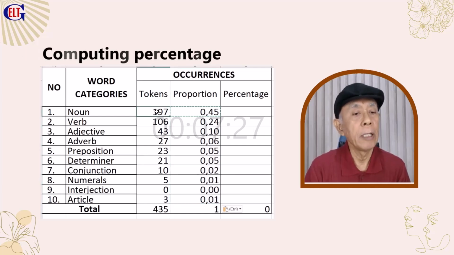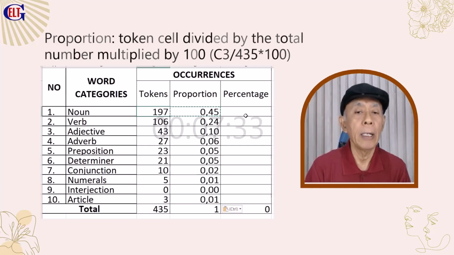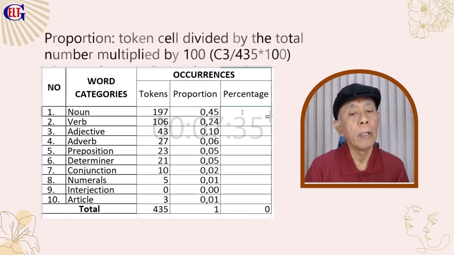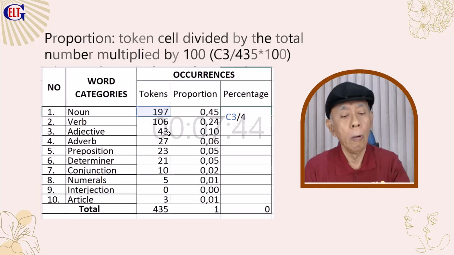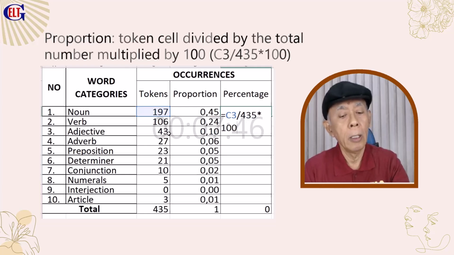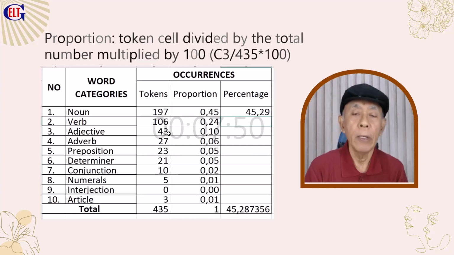To get the percentage, we divide the occurrence of the word category by the total number and multiply it by 100. We can write over here equal to 197 divided by 435 multiplied by 100. And we get the percentage.